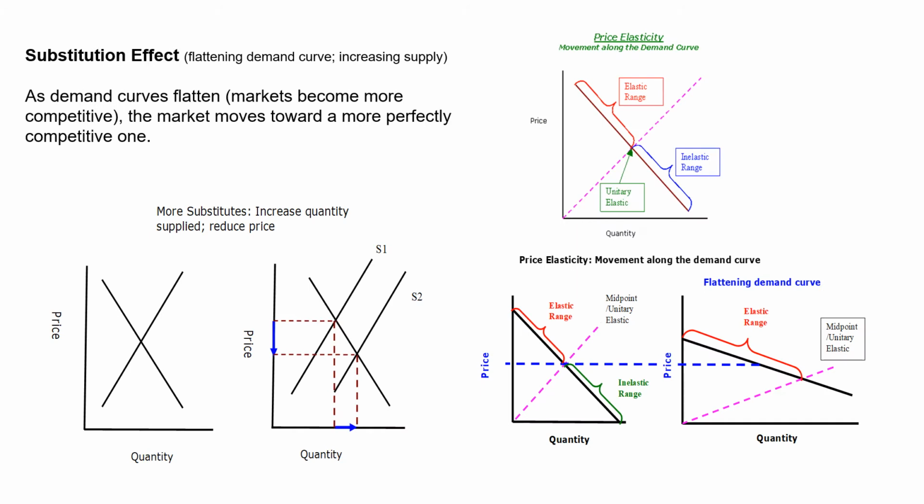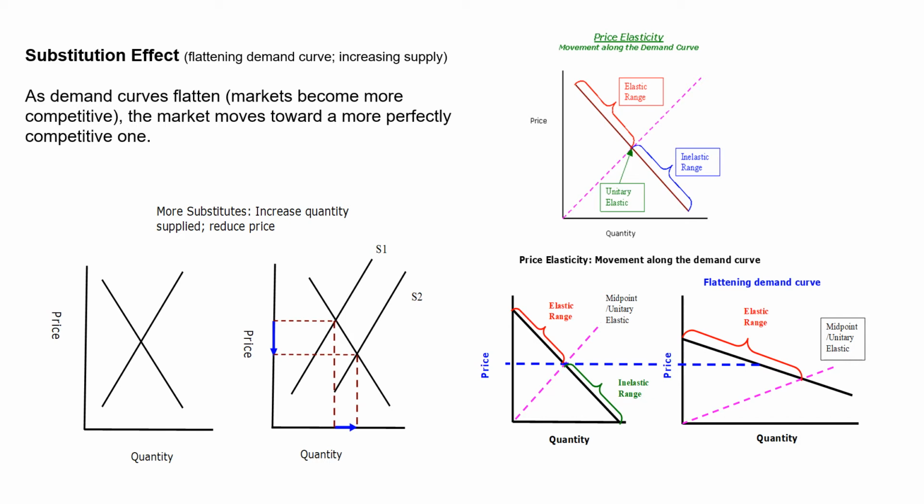So here are a couple of ways of looking at the substitution effect, if you will. One is when we're talking about increases in supply and quantity supplied. If we increase the number of suppliers out there, we're shifting from S1 to S2, rightward. And of course, what that means is that the price goes down. Ceteris paribus, the demand curve is not shifting, just the supply is shifting.